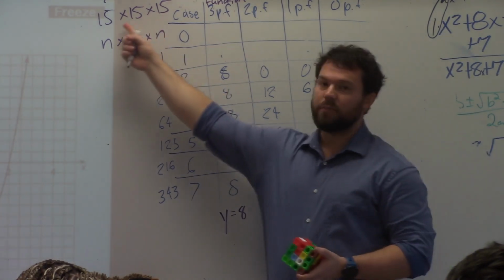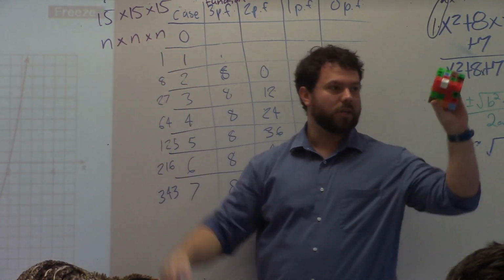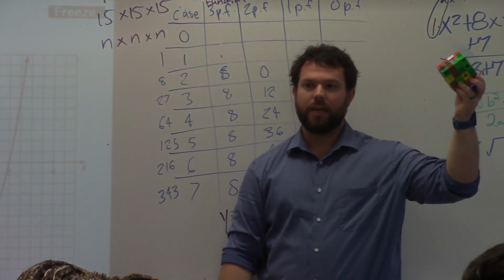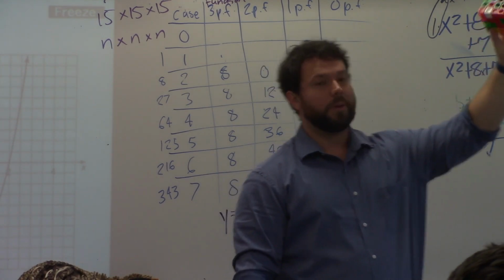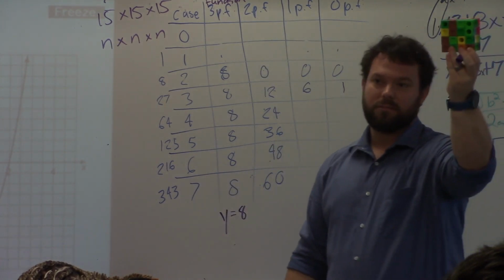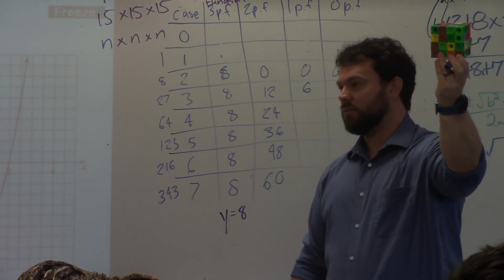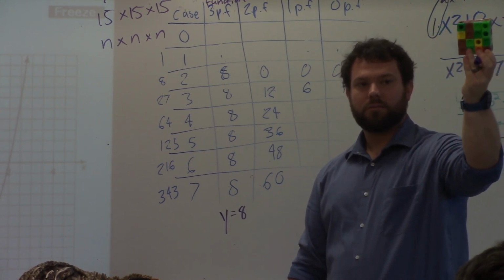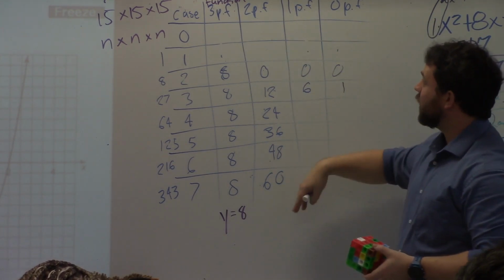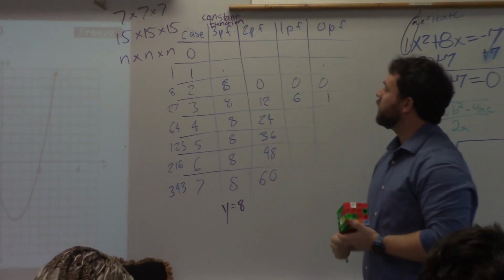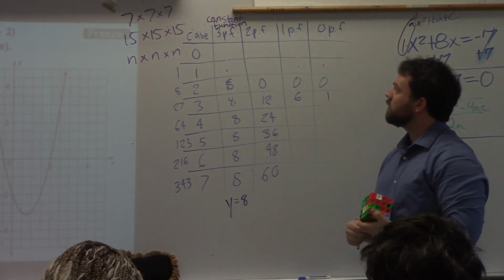So when we have a 15 by 15 by 15, how many cubes are going to have 3 painted faces? 8. When I get to an n by n by n, how many cubes will have 3 painted faces? 8. That's it. We go with that idea? Comfy? Now, I want to talk about the 2 painted faces, because this is where we left off yesterday. What did we note about the 2 painted faces?